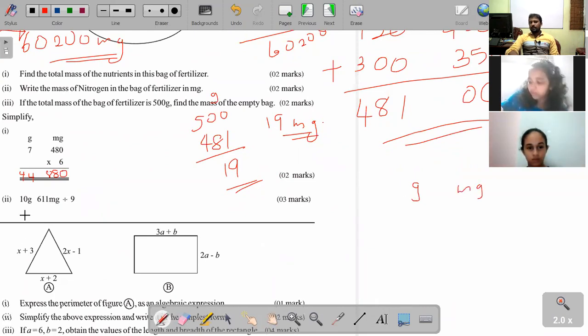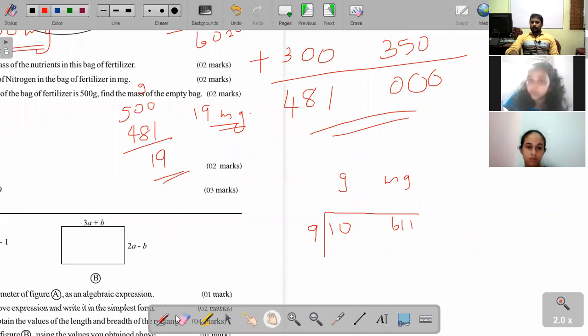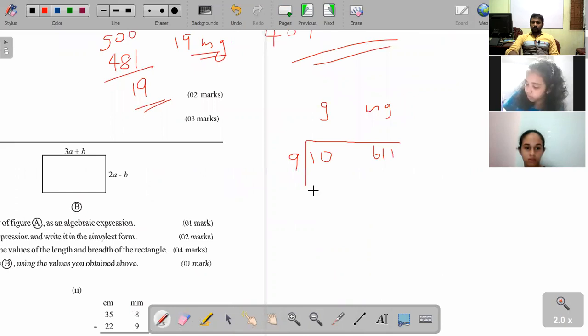Then the last part, look at 10 grams, 611 milligrams. You have to divide by 9. Right. Now look at how we divide. 10 divided by 9, 1. 1 times 9, 9. Remaining 1. This 1 converts to milligrams, 1000. And in this position another 611.